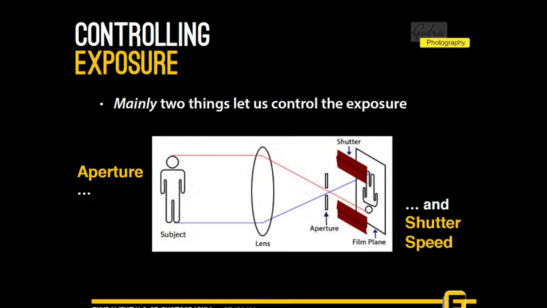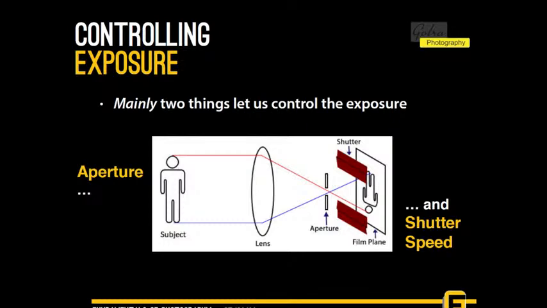And it should not be too fast, otherwise it will open and close so fast that it will not allow light to come inside the camera, and it will be underexposed. So you have to make sure you are balancing. This is how you control the exposure: aperture and shutter speed.